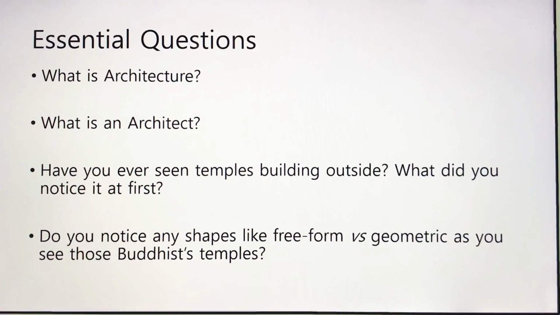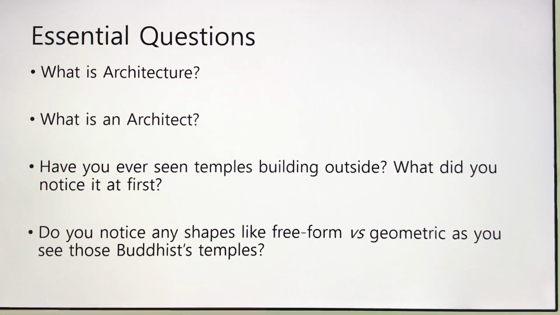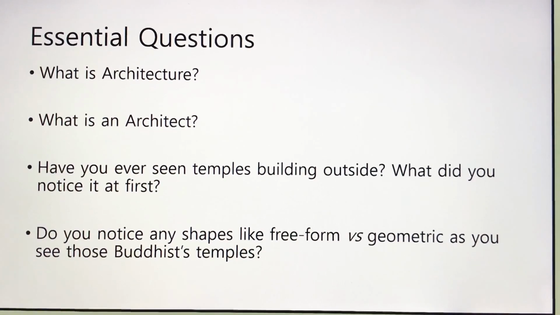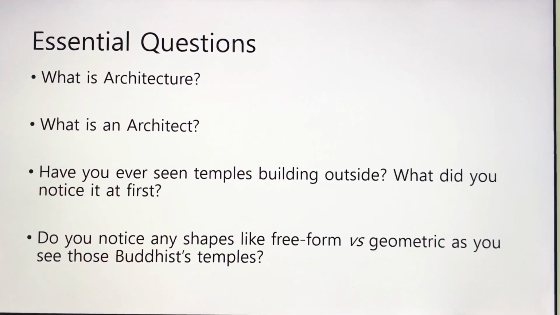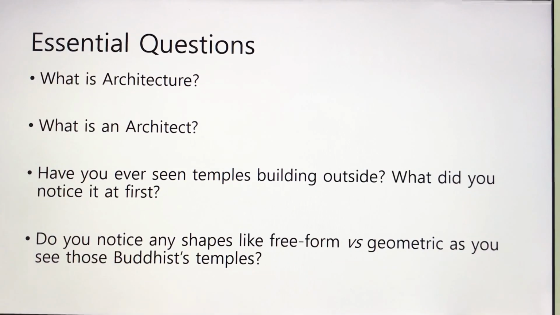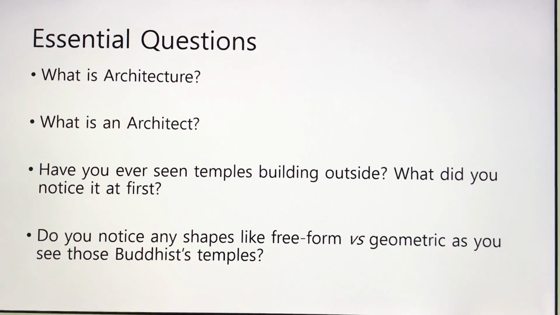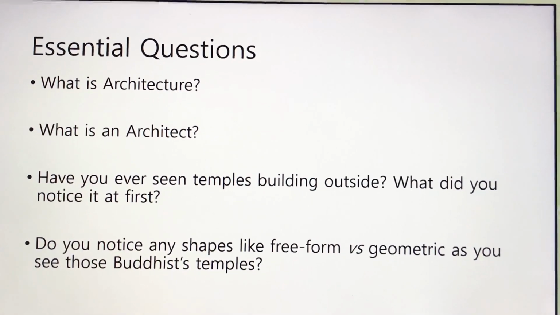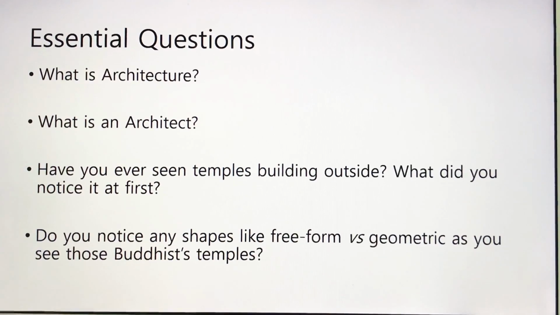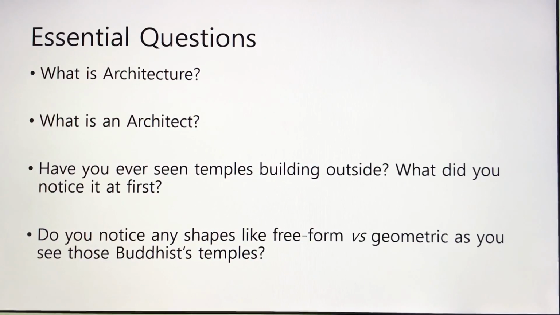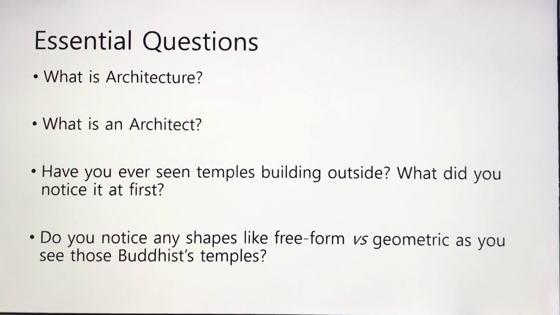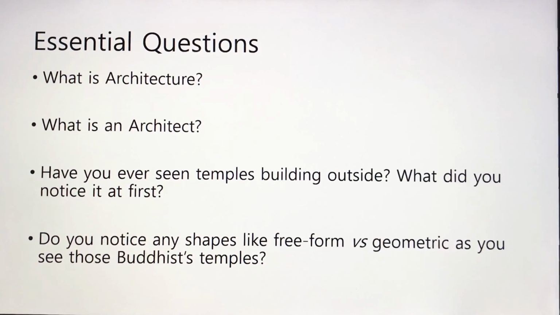Have you ever seen them? What did you notice at first? And once you see all the temples and buildings, what type of shapes would you notice? Is it freeform shape or geometric shape? Those are the things you should consider while working on this activity from the beginning.